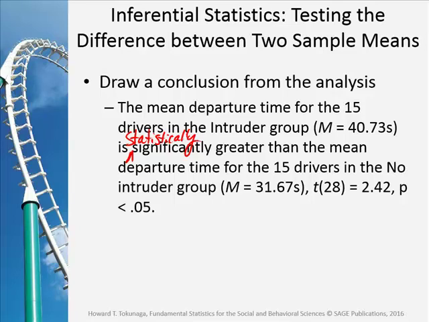That's why you shouldn't also put qualifiers in there. Well, it's approaching significance. No, it's either significant statistically or it's not. You don't approach significance. You're not significant adjacent. You're not significant-ish. You are either statistically significantly different in this example, or you're not.